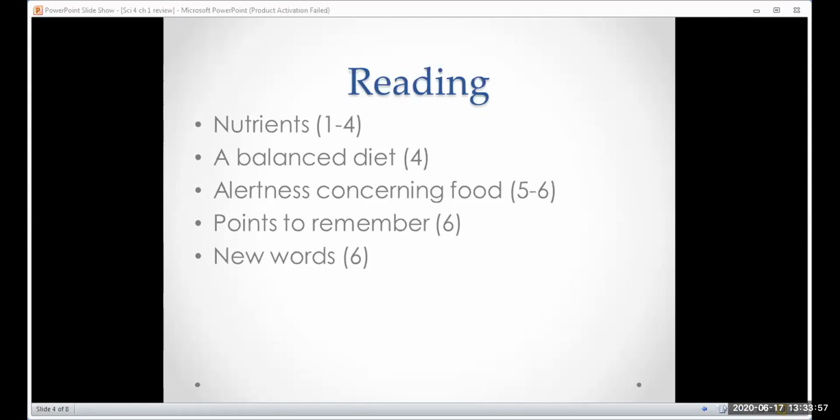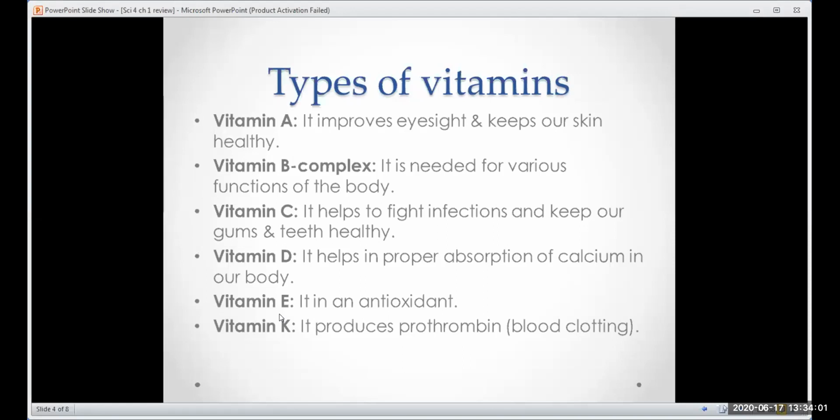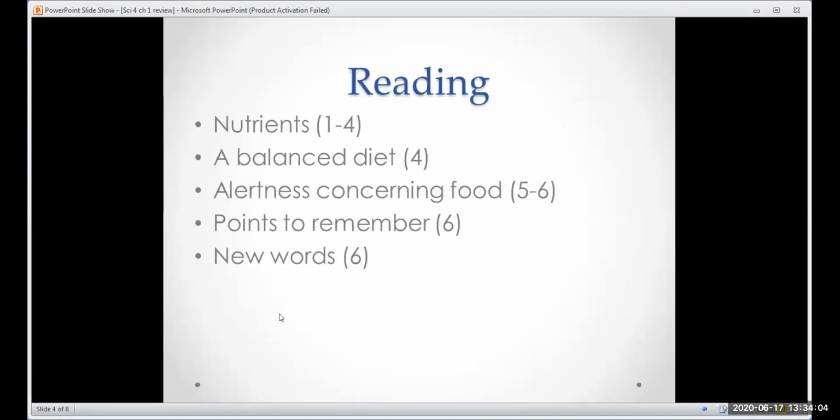Therefore, food should be washed thoroughly before eating. If fruits and vegetables are washed after they are cut, some of the nutrients are also washed away with water. So they should always be washed before cutting.